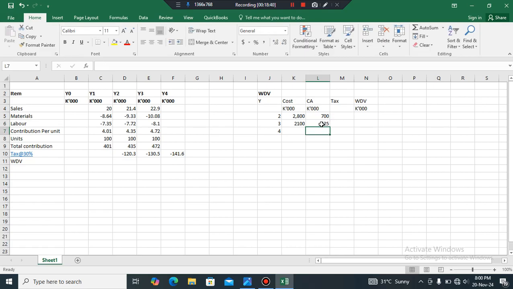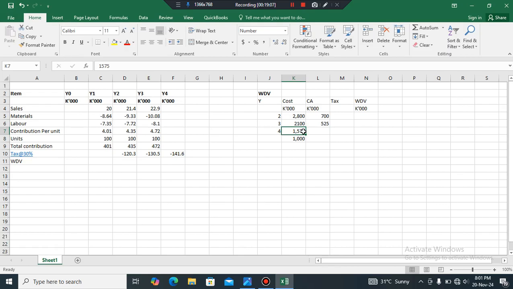And then this 2,100, you deduct the 525. The 525 is going to give us 1,575. Then remember, this asset was sold off at how much? 1 million, right? So now what's the capital allowance here?